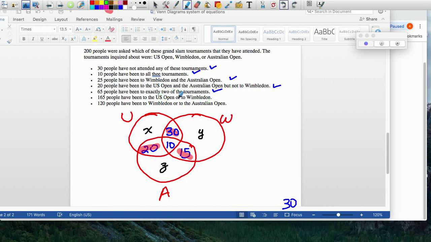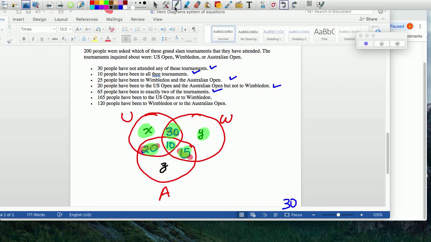Anybody who has gone to the US Open or to Wimbledon, raise your hand. Well, it'd be these guys, these guys. Anyone in these 2 circles have gone to the US Open or to Wimbledon.